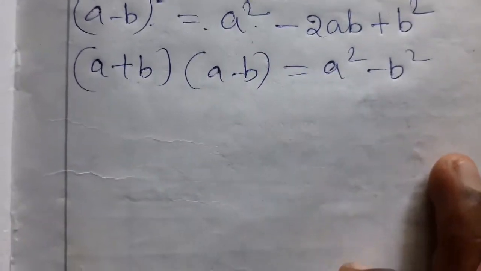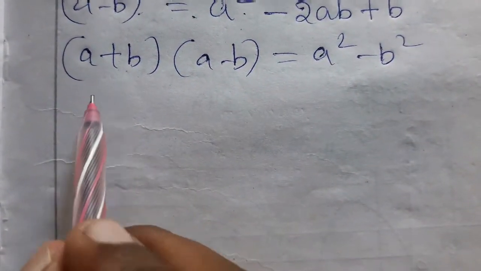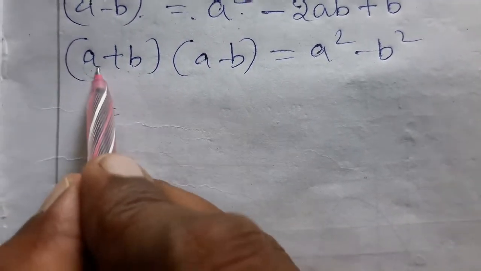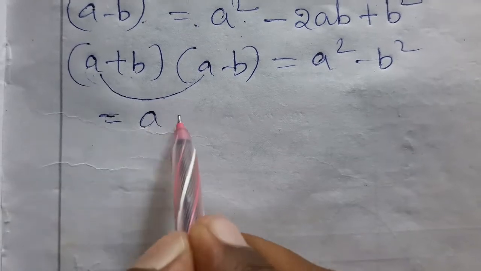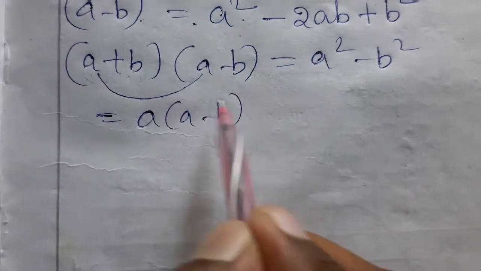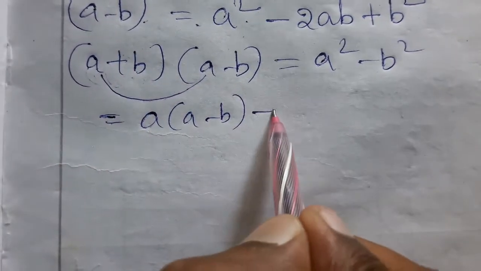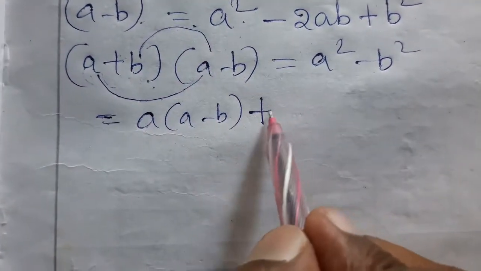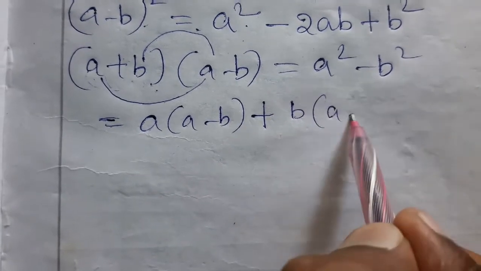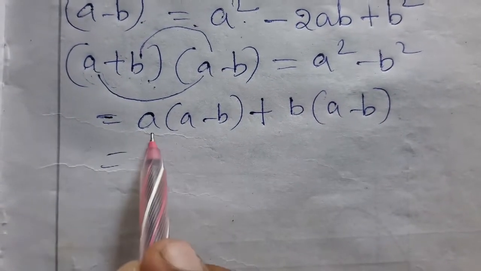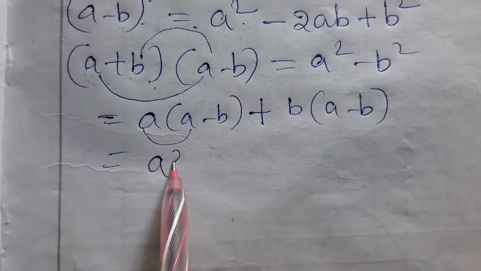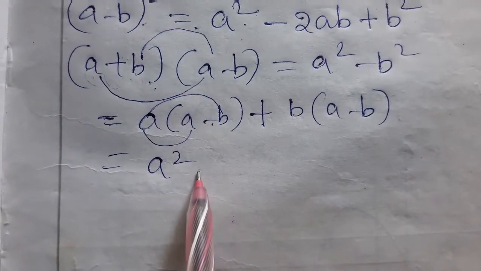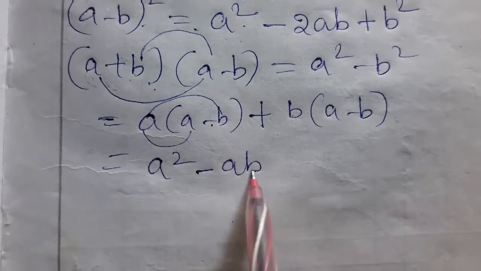Now see the proof. I am splitting this: a into a minus b, next which symbol is there, plus, after that b into bracket of a minus b. Now a into a means a square, a into b means ab, but what is the symbol here, minus, so minus ab.